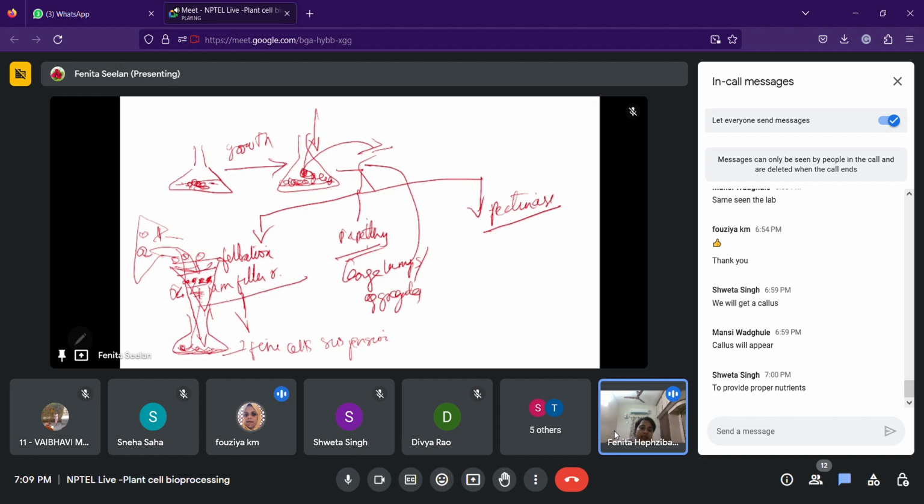Yes, it is in the cell wall. It is a component of the cell wall. So if pectinase is that particular enzyme which has the ability to disintegrate or degrade pectin, right? Now tell me what function it would have in making the cells a fine cell suspension.